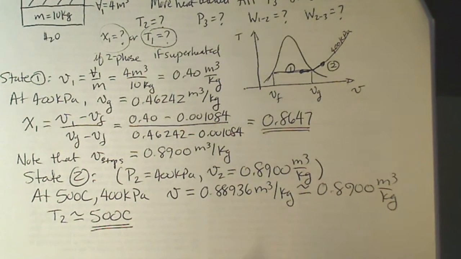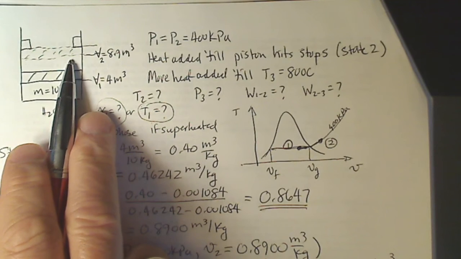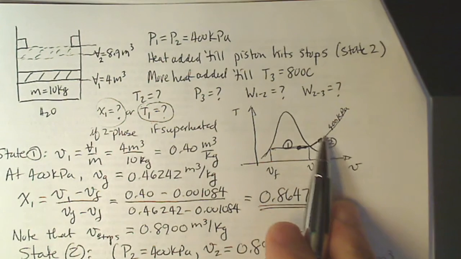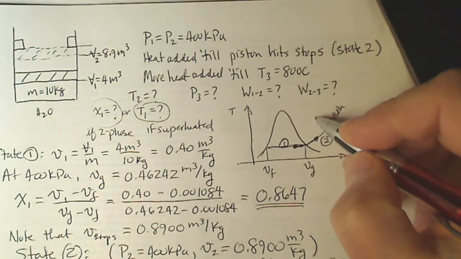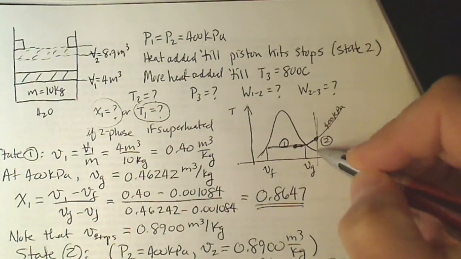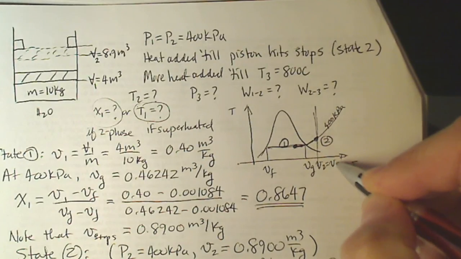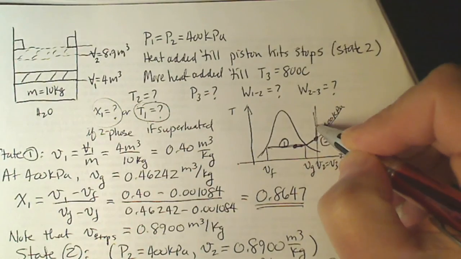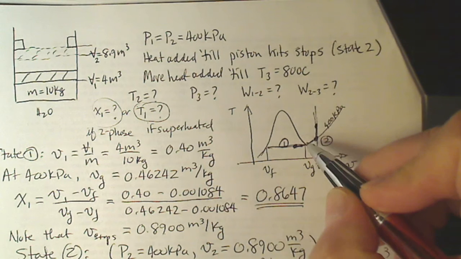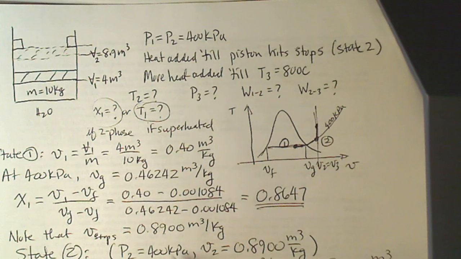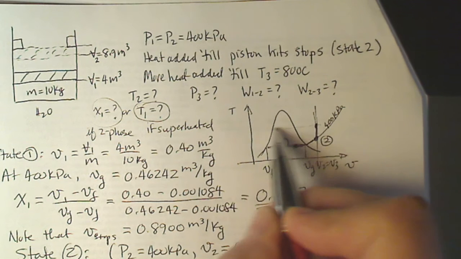Well, we do need to recognize that once the piston is at the stops, then the volume is going to remain constant and the specific volume is going to remain constant. So V2 equals V3, and the final temperature is given as 800 degrees.